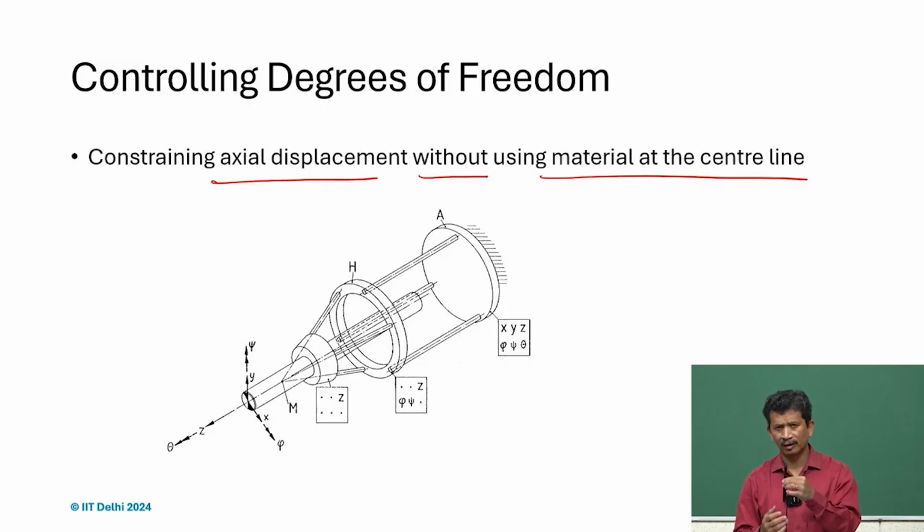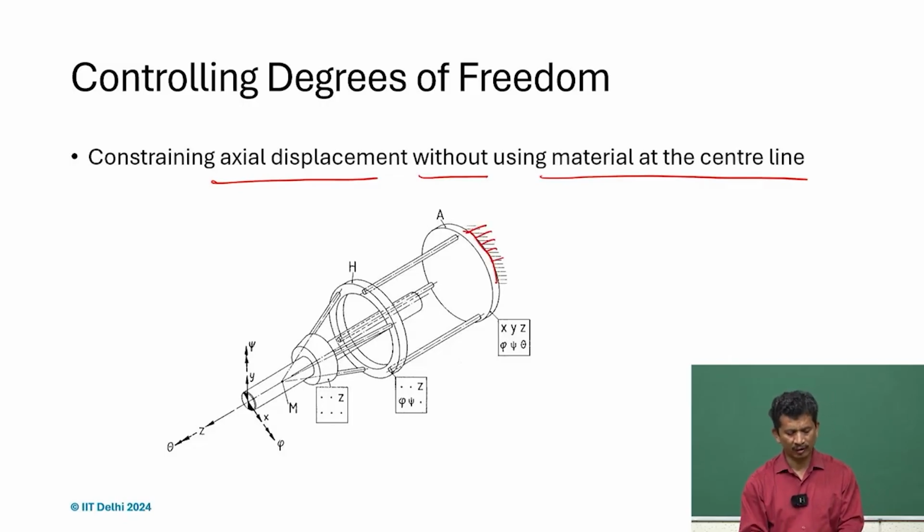But the application is such that I can't have anything here, but it can move around a little bit, can twist, rotate, but I need to have a constraint along the axial direction. So how to do that? So this is one of the approaches. I think we can also use it. So starting from the base.